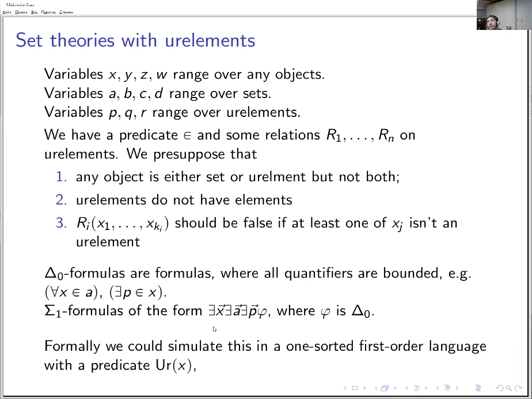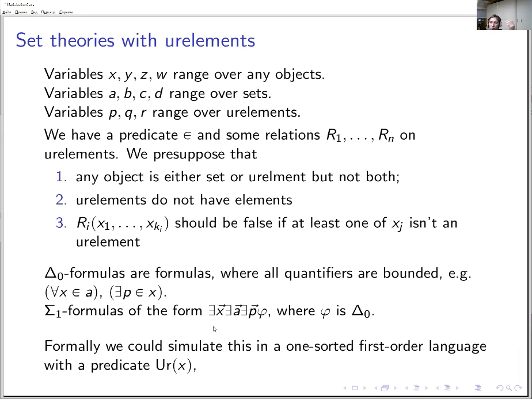Here we have some presumptions about the models. The domain of the model is split into two parts: the part consisting of objects that are sets, and the part consisting of objects that are urelements.